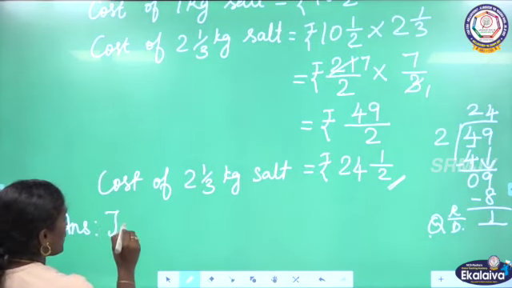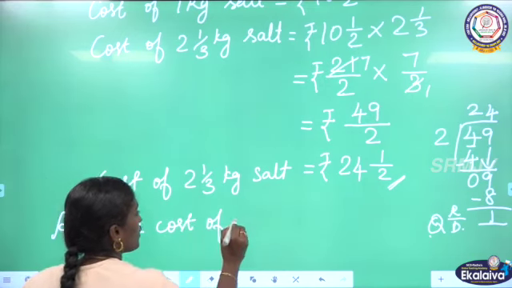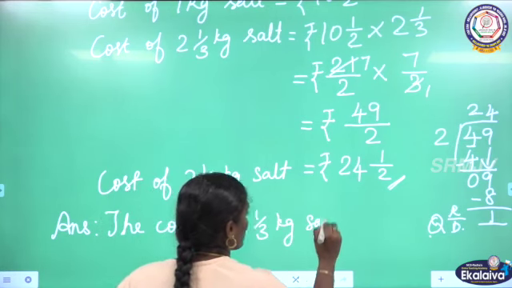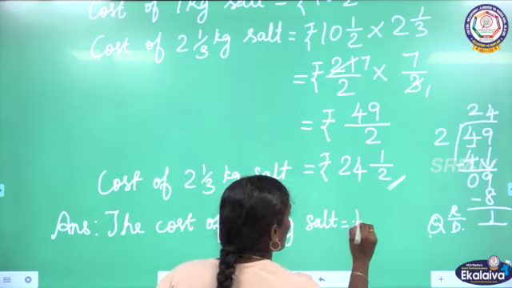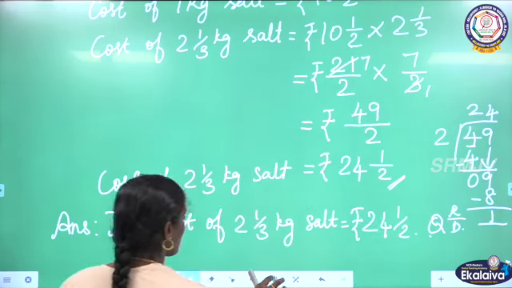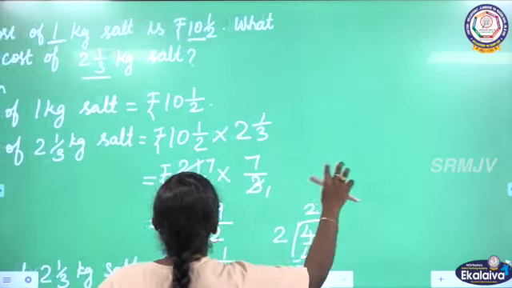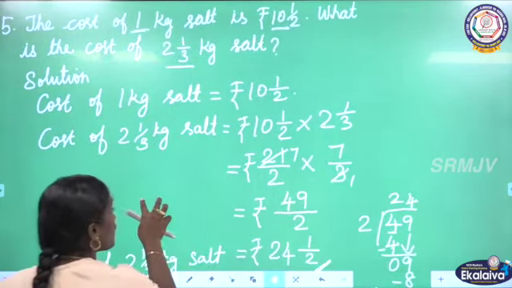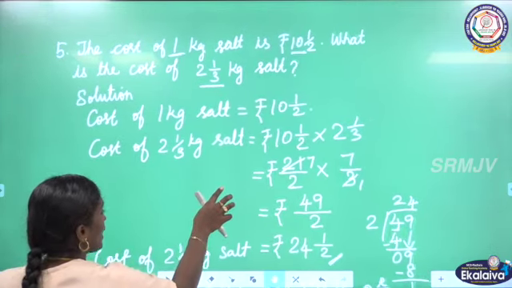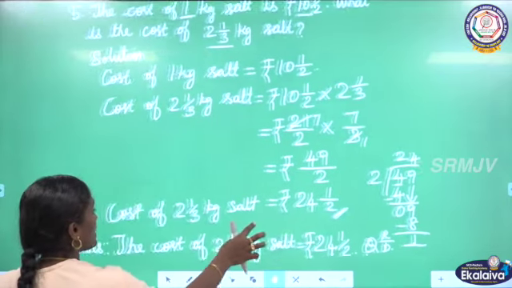The cost of 2 1 by 3 kg salt is equal to rupees 24 1 by 2. Okay. From the cost of 1 kg salt, by using multiplication, we are finding the cost of 2 1 by 3 kg salt.